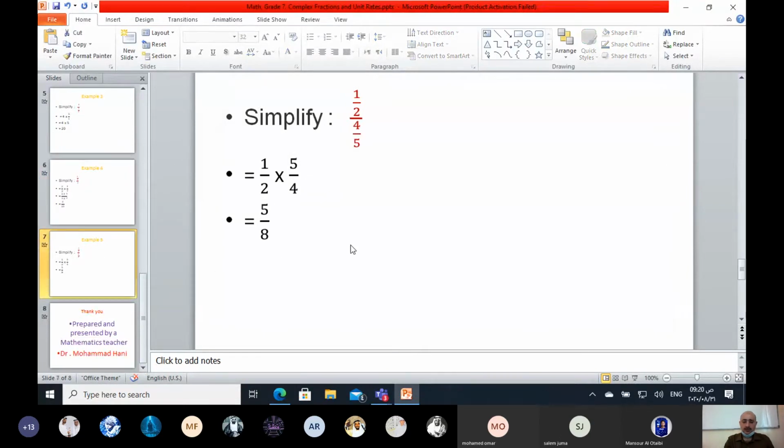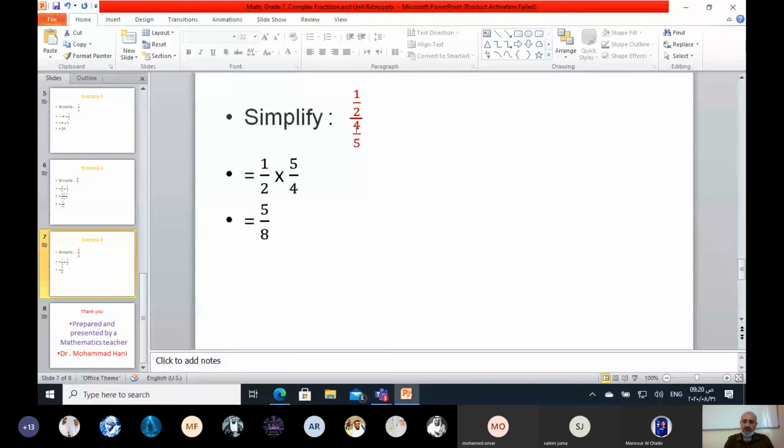In the last example here, we want to simplify this complex fraction also. Why? Because both in the numerator and denominator we have fractions. So use the rule. Keep the numerator 1 over 2. Then change from divide to multiply.